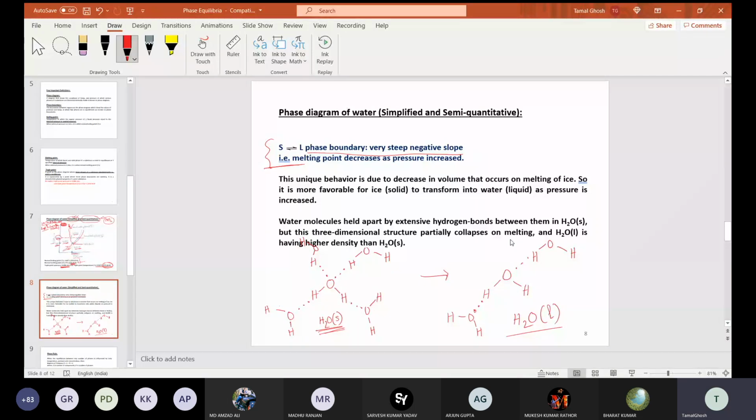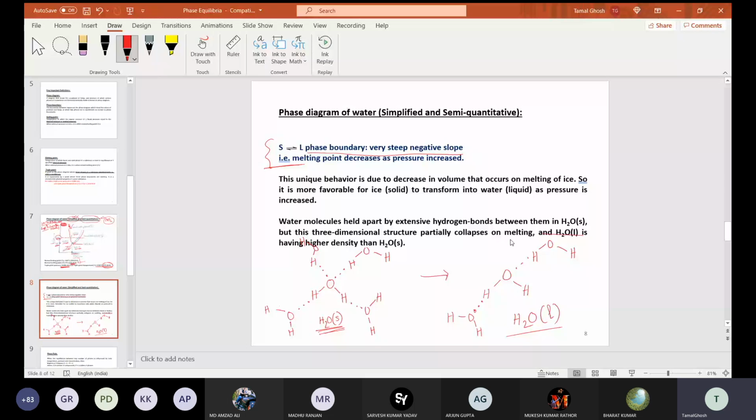Now this extended hydrogen bonded structure in the solid form and partial breaking of those hydrogen bonds in the liquid form, these phenomena will be responsible for this steep negative slope of the solid liquid phase boundary.